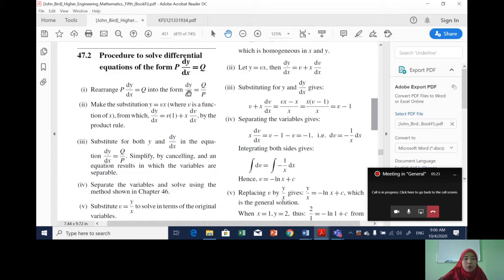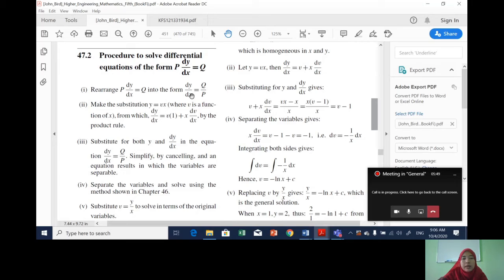In the first transformation, after we transform the original equation into the dy dx form equal to q over p, both are in terms of x and y. So we make the transformation y equal to vx, and also change dy dx.